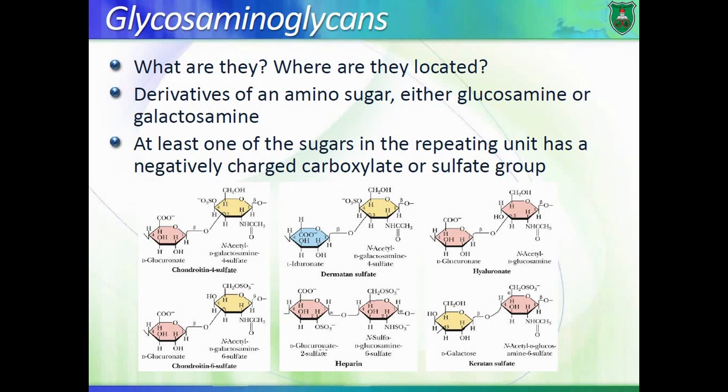Heparin is made of glucuronate 2-sulfate and sulfoglucosamine sulfate. Keratan sulfate is made of galactose and N-acetyl glucosamine 6-sulfate. So you can tell that these monomer units are derivatives of glucose and galactose, in addition to this iduronate that is present in dermatan sulfate.